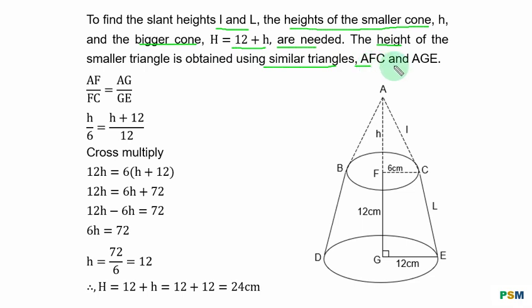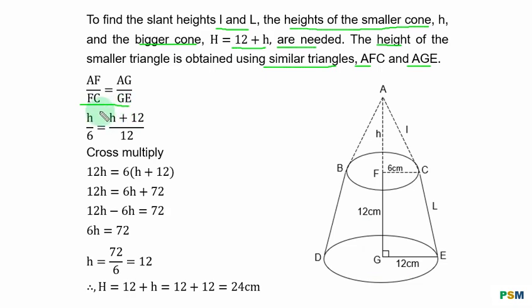AFC and AGE. So you have AF over FC equal to AG over GE in this form.